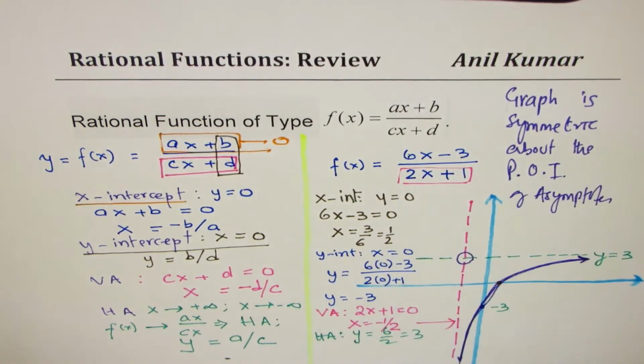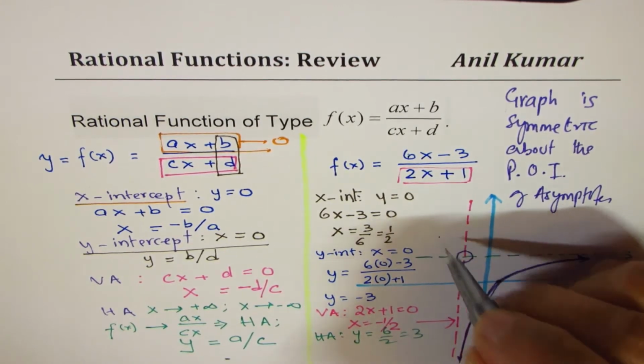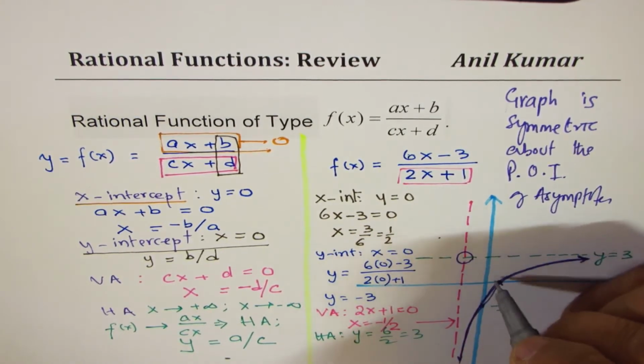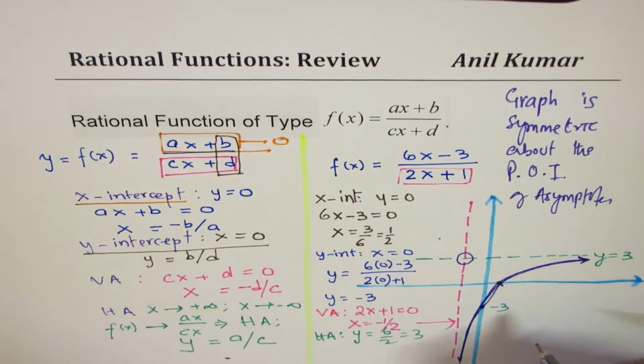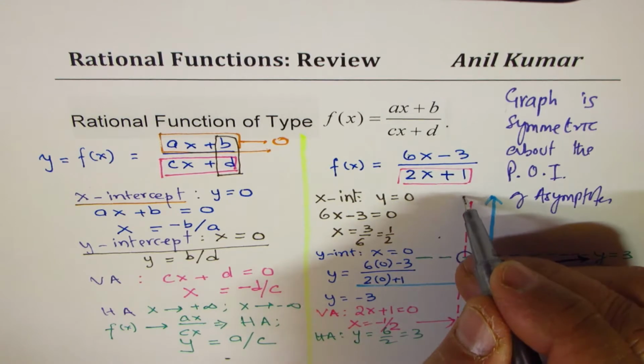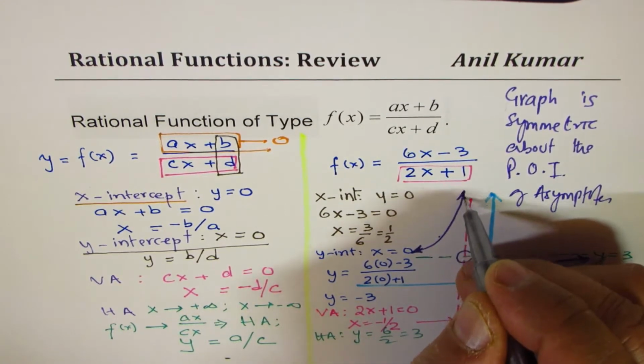This is very important, right? So actually you could get this, this point is the point of intersection. I don't have much space here, but I'll just sketch. So my graph will be kind of like this. Are you getting my point?